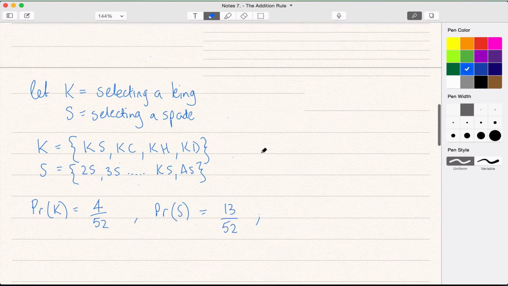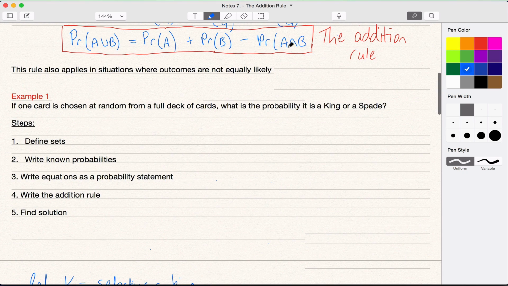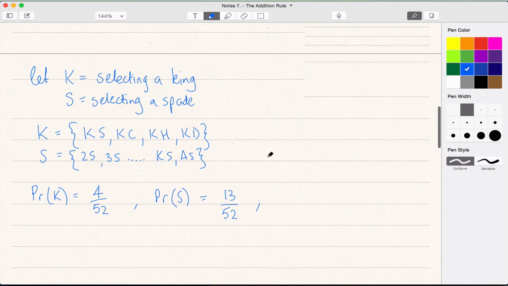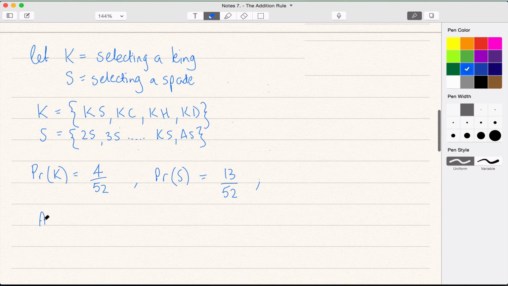For our addition rule, we also need the probability of A intersect B. That is going to be where these two sets intersect. So we've got king of spades in both of them. So it's where you get a king and a spade.